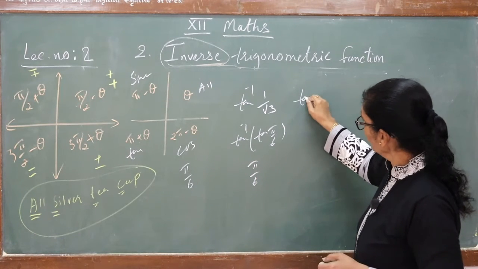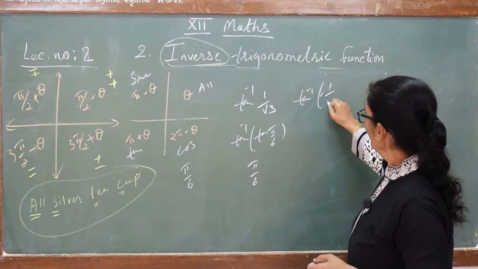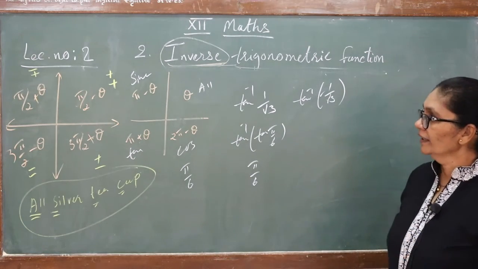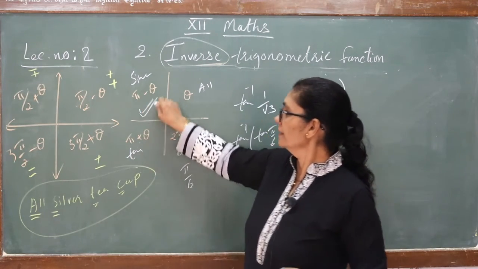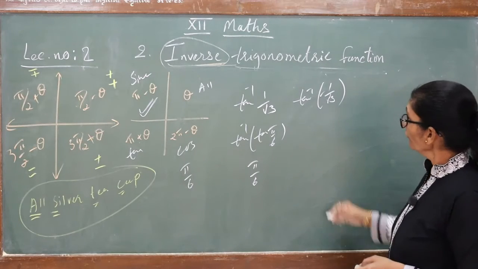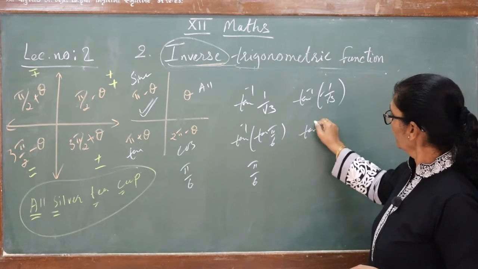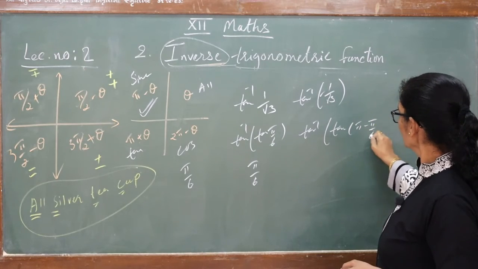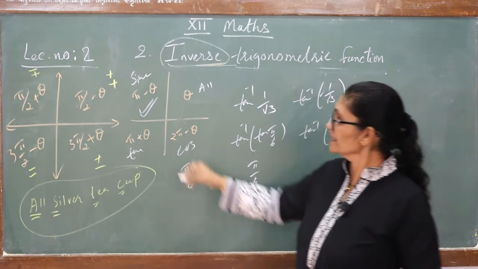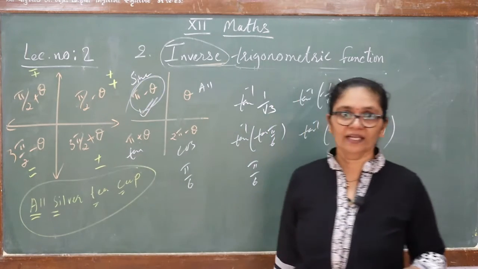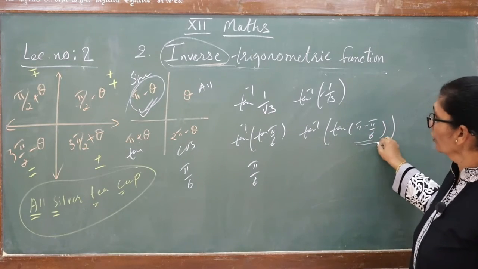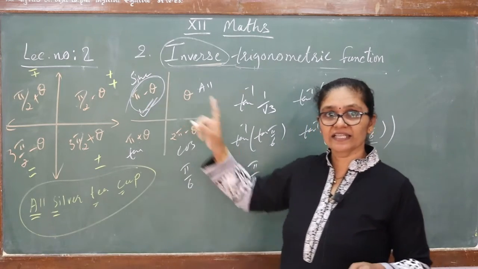But I make a little change in it and make it minus 1 by root 3. Now remember, tan is negative in which quadrant? Second quadrant. So I can write tan inverse tan of pi minus pi by 6. Why have I written pi minus pi by 6? Because in the second quadrant tan is negative, so if tan is negative, your term will be pi minus theta.